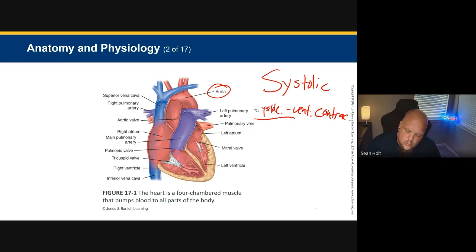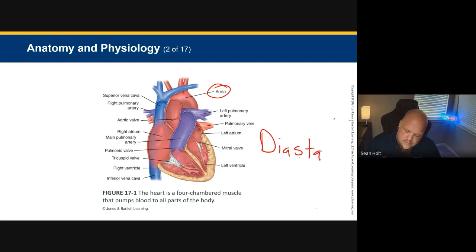Okay. Whereas after it's contracted, it goes through ventricular diastole. Spelling it wrong. Diastole. Okay. So ventricular diastole is relaxation of the ventricles. And that is going to be refilling with blood.